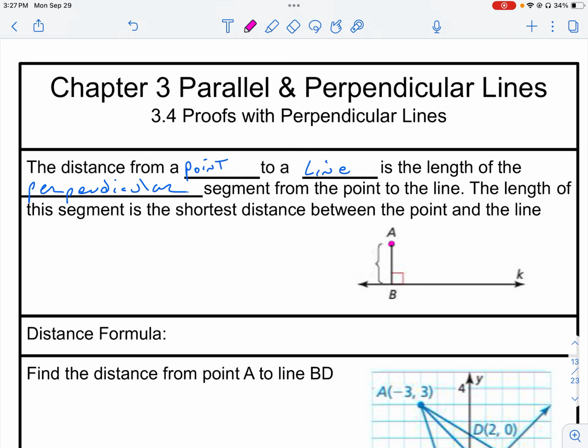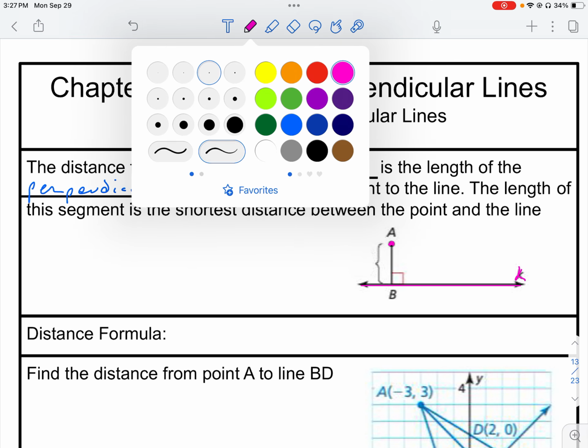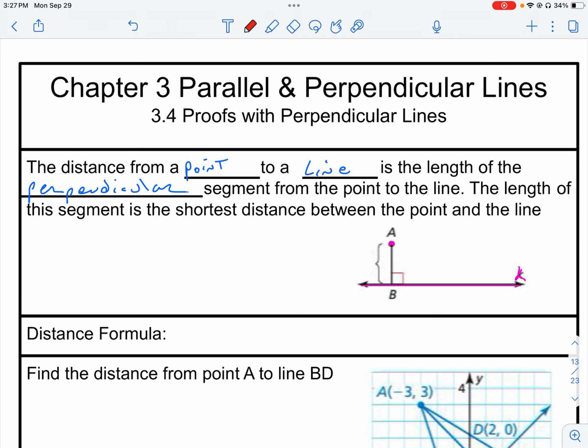So here we have point A, and down here we have line K. And we want to know how far it is from B to K. So we're going to measure from A straight down to B at a perpendicular angle.